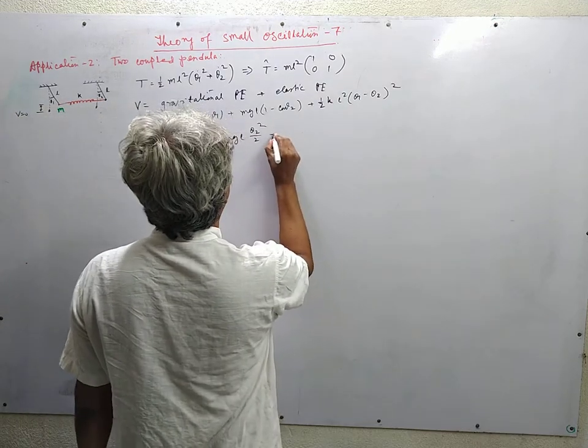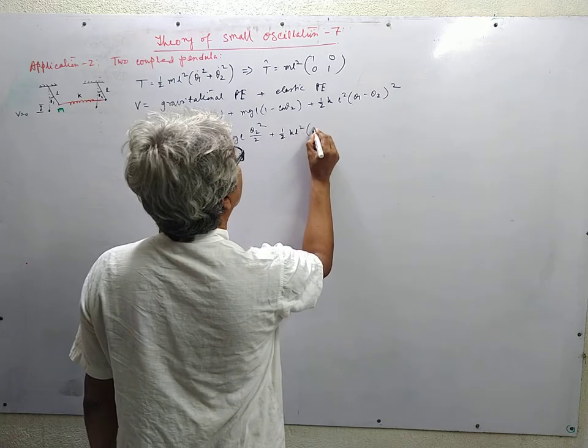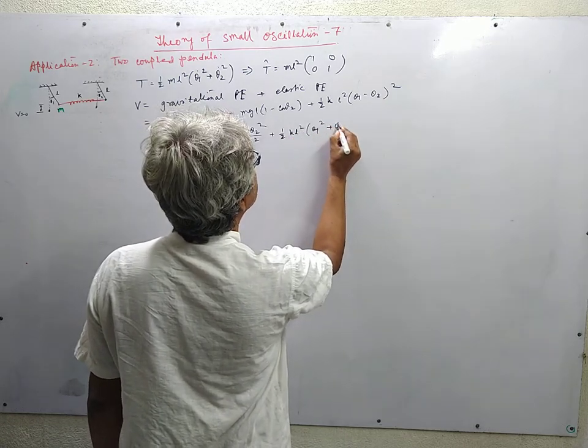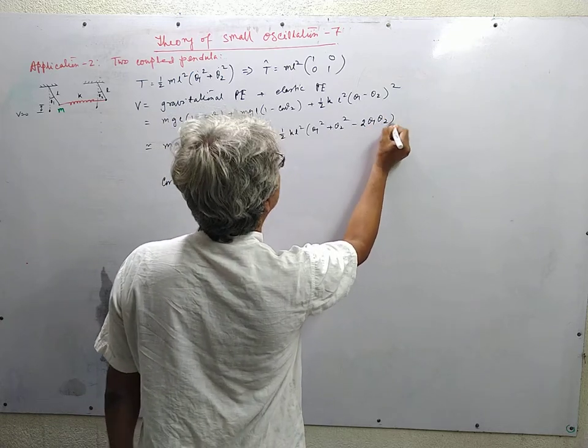Then coming to this part, this is half k L square (θ1 square plus θ2 square minus twice θ1 θ2).